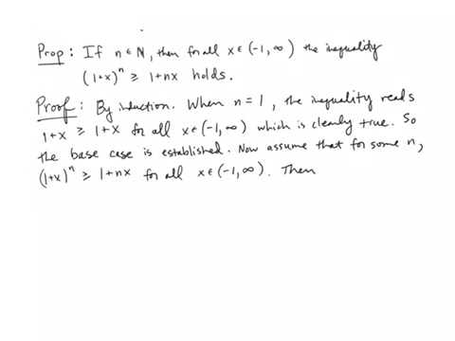So that's our P of n. P of n is: for all x in -1 to infinity, the inequality with n holds. Now we're going to look at the inequality with n plus 1.